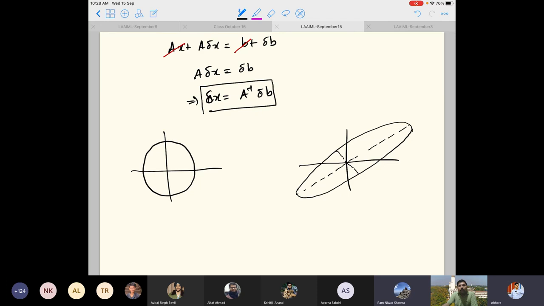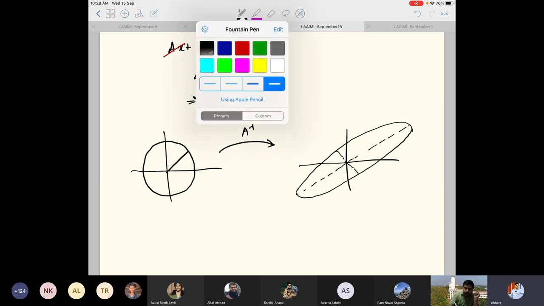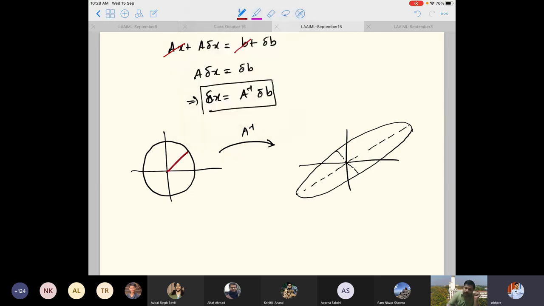Same as the condition number of A. So the condition numbers of A and A inverse are all the same, right? So suppose I look at this mapping A inverse, then there is a direction here, and this direction, for example, actually goes in the direction of maximum magnification, correct? So A inverse, when you apply on this particular direction, you really get a large magnification.